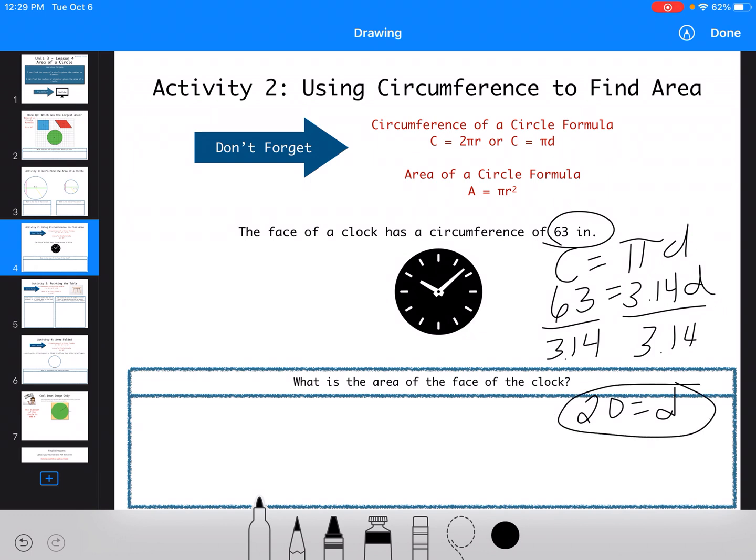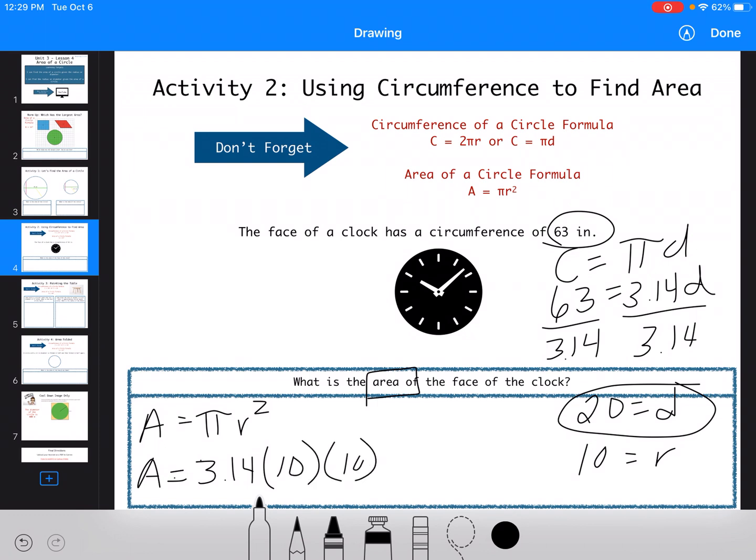So now we have to find the actual area of the clock. So my formula is area equals pi times radius squared. So area equals 3.14 times, if my diameter is 20, then my radius is 10 because the radius is half the diameter.